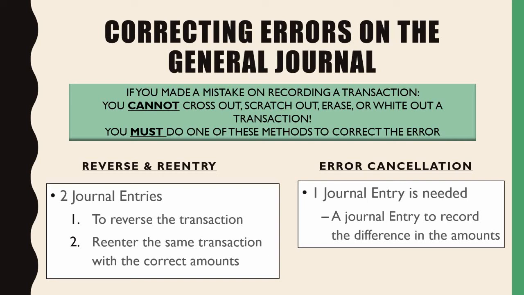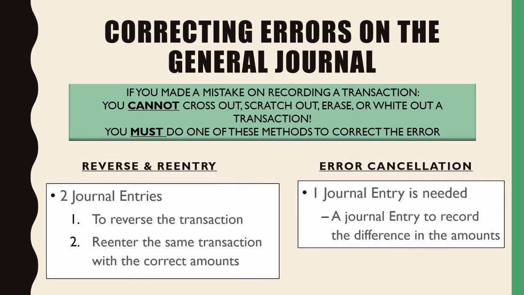Okay? Error cancellation is where you need to calculate what the difference is. And when you find the difference between the two accounts that you made the mistake on, you're going to determine which accounts you need to modify in order to place the difference in there to correct it. So we'll take an example for both of them.